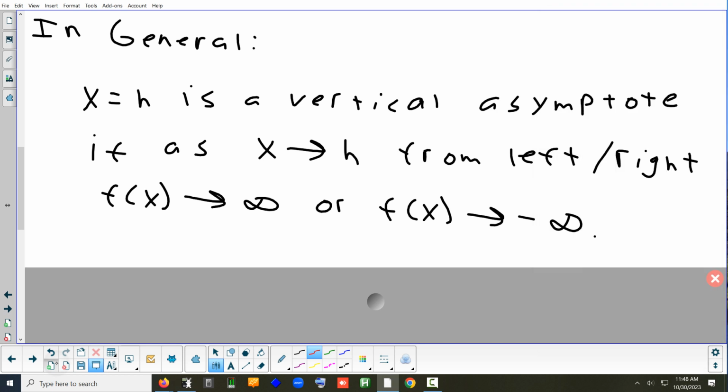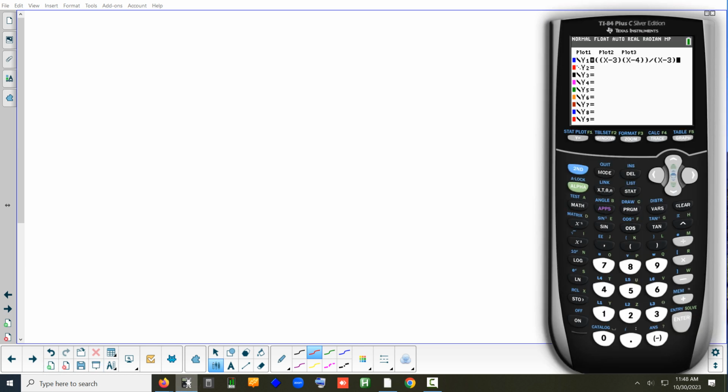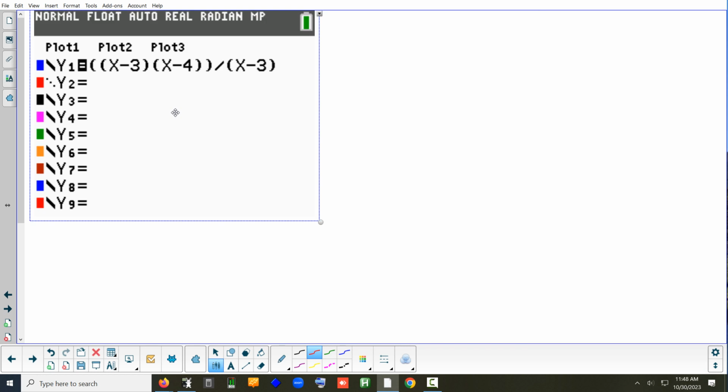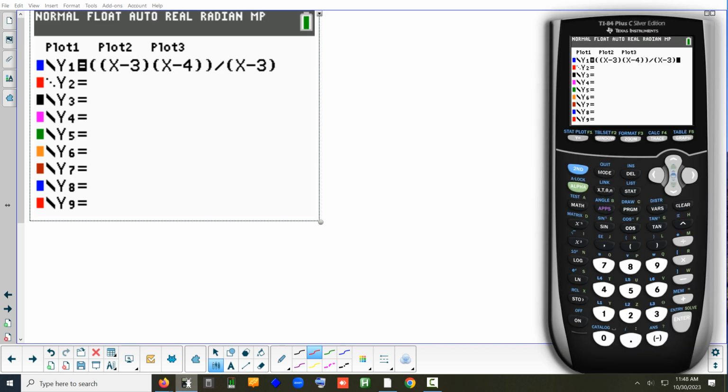Let's graph that. Let's see what it looks like. I can't use positive 3. Let's do zoom 6. Does it look like there's a vertical asymptote there?